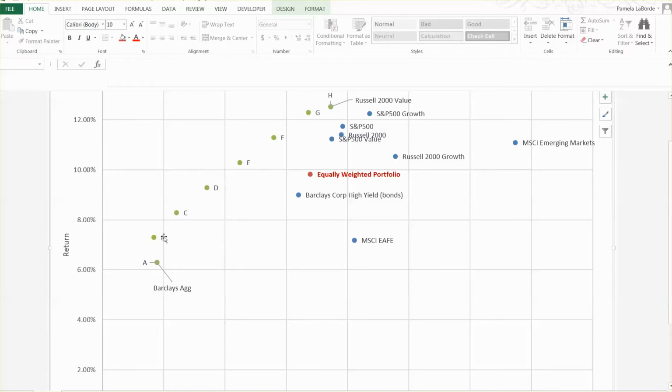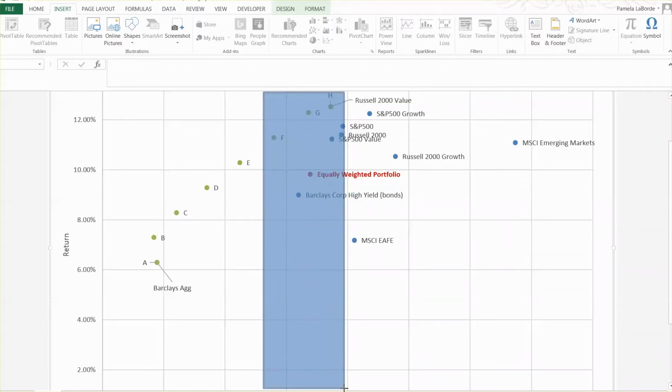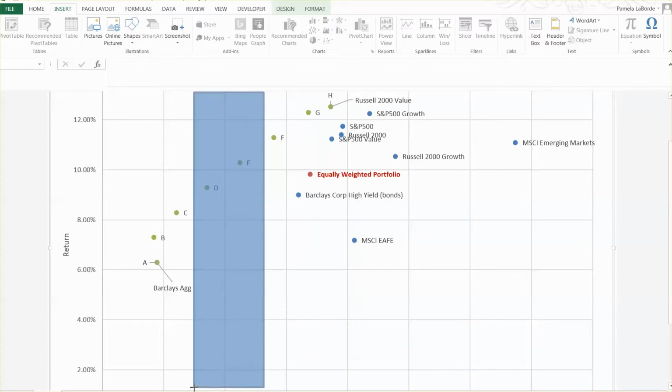There is not one dominant point, and remember only points B through H are dominant. There is not one dominant point that's perfect for everyone. Some people might be quite comfortable taking risk in this range, but other people might be very uncomfortable with that and they would prefer risk that falls in this range.